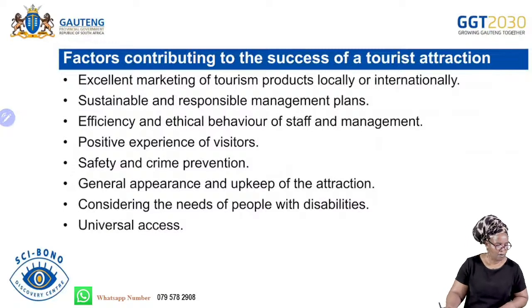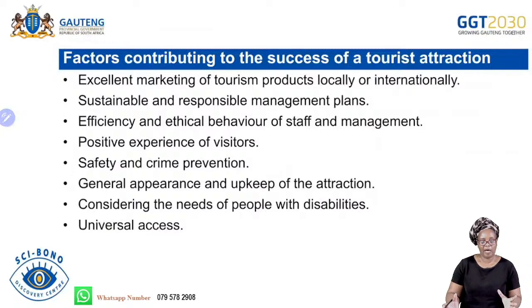Now we talk about the excellent marketing of tourism products locally and internationally. The area of the icon needs to have extensive marketing. They need to market their products locally and internationally so that people will come to that icon as their attraction of choice.